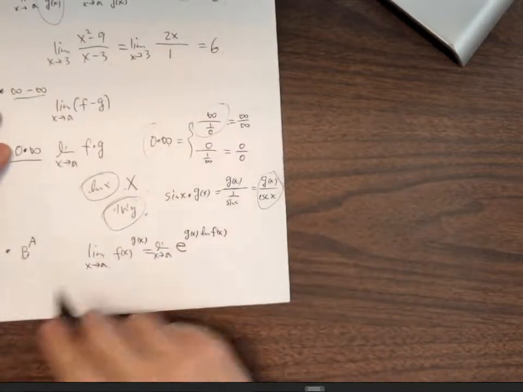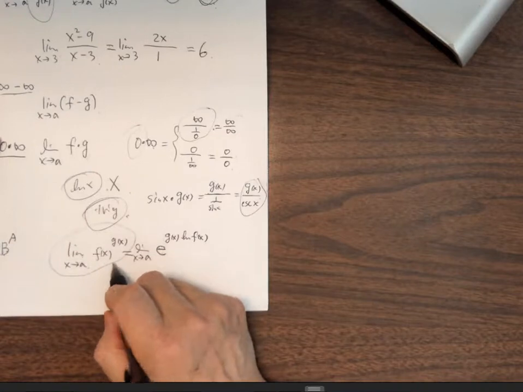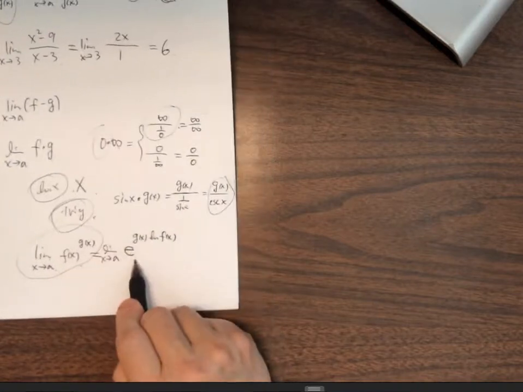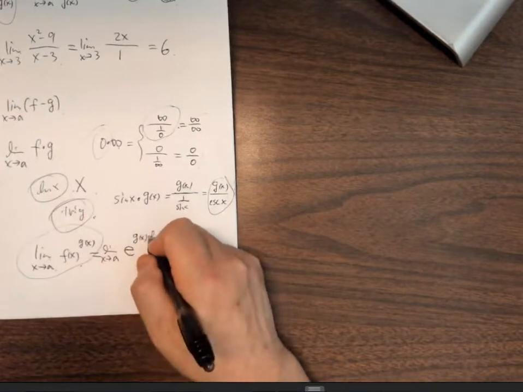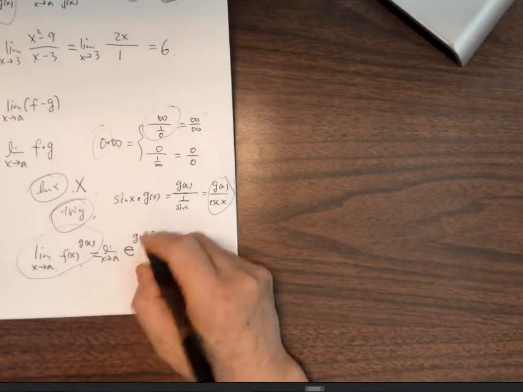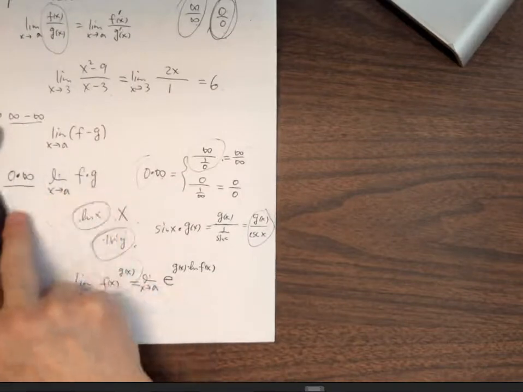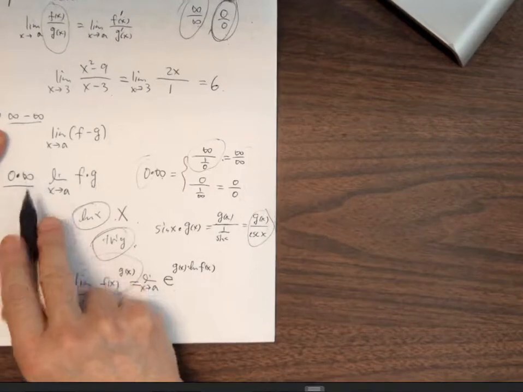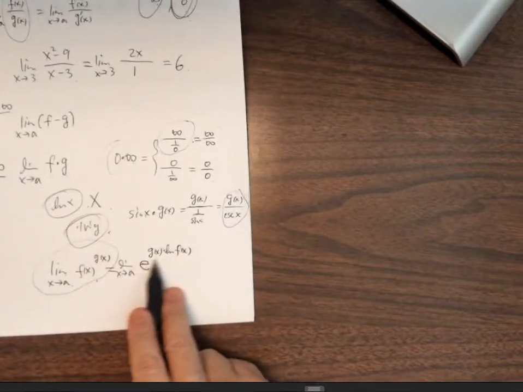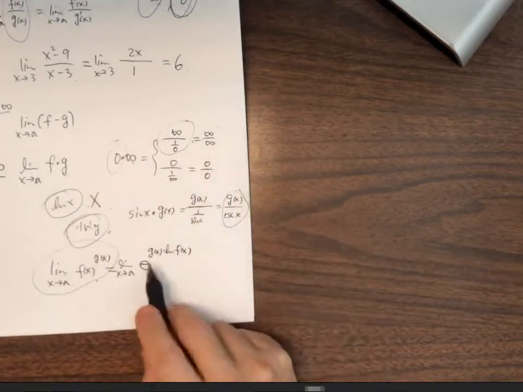Okay, anytime you see limit of exponential like this, change the base. Change the base, go from here. You always have a product. So you see whether the product is an indeterminate form like this, 0 times infinity or infinity times 0. If it's an indeterminate form, well, flip. We talked about that.